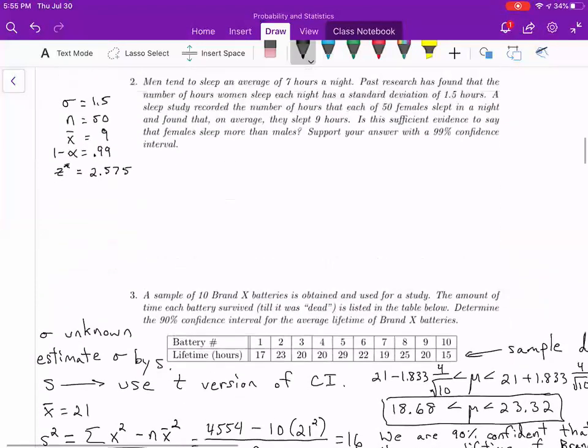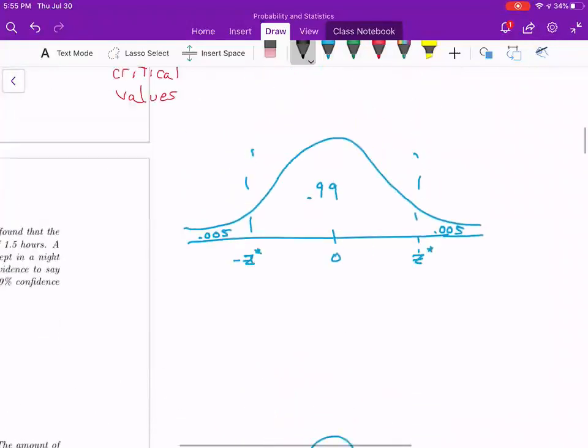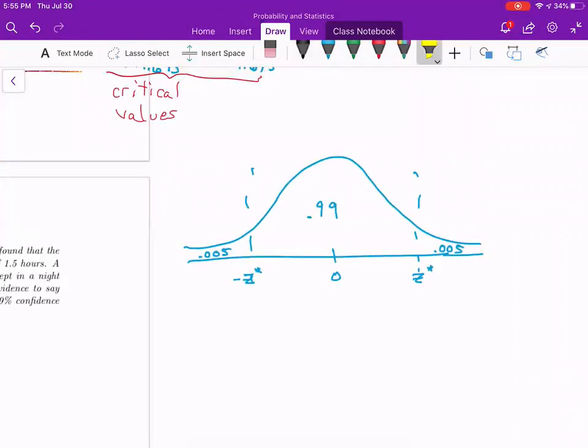What's your question, or was that the question? You look on the chart, right? Make sure you're looking at the right chart.